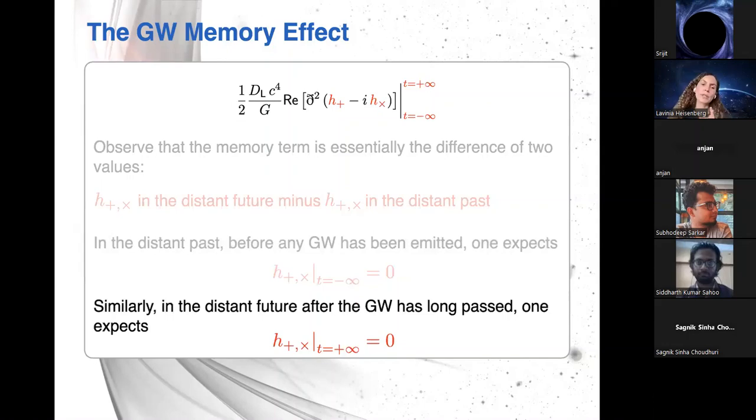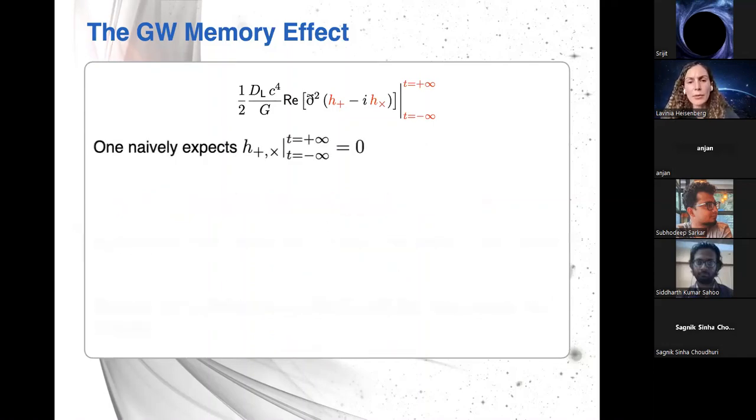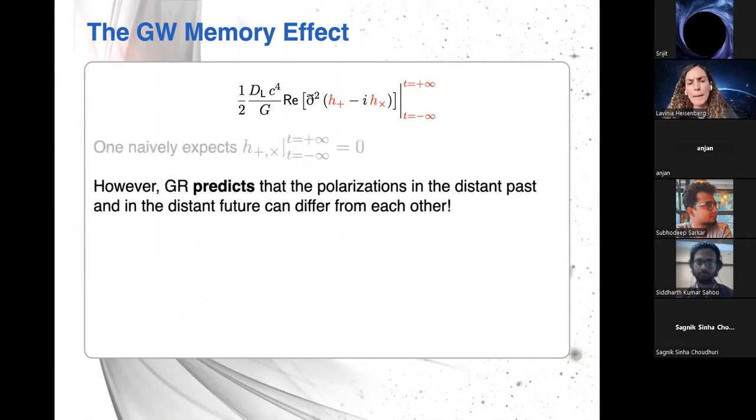Also in the distant future, after the gravitational wave has long passed, one should expect that the strain should be zero. Therefore, when you build the difference, you would naively expect that this should be zero. However, general relativity explicitly predicts that the polarization in the distant past and in the distant future can differ from each other and give rise to something non-zero for this memory effect.